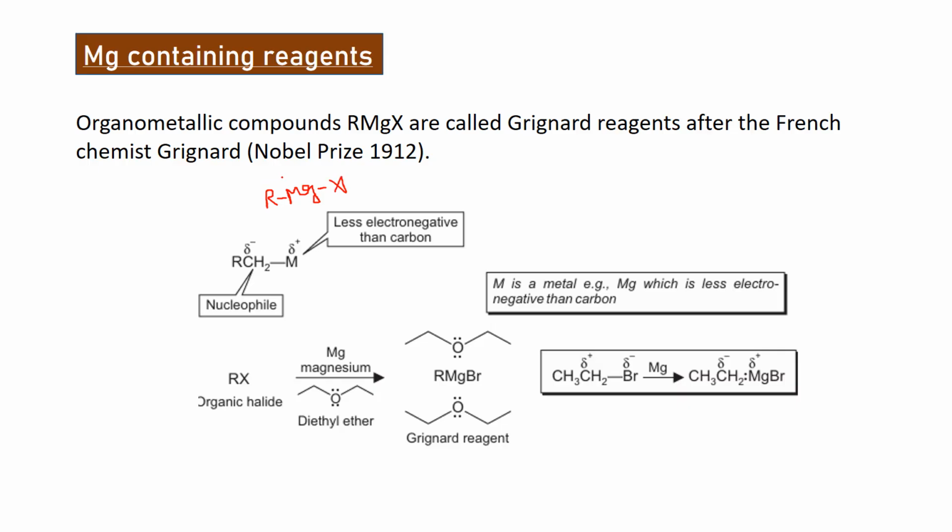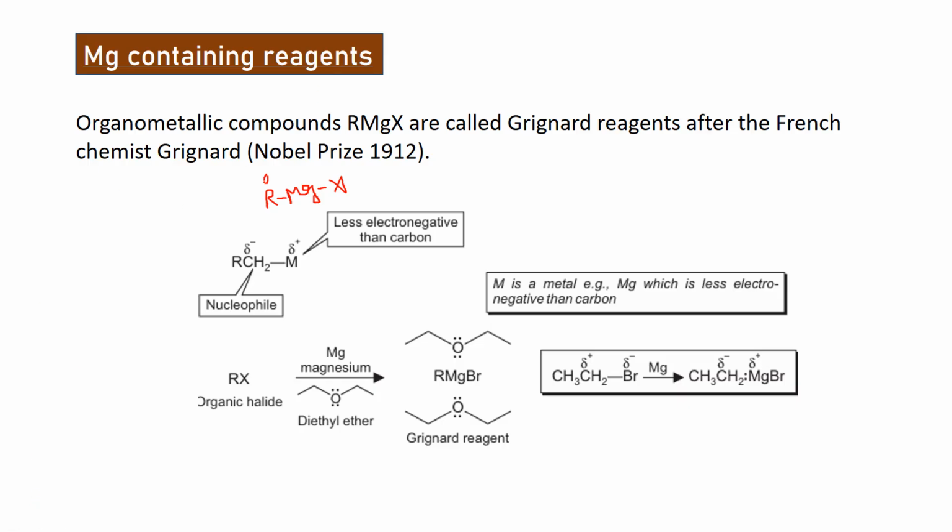This metal is less electronegative than the R group, because it belongs to the left hand side of that group.